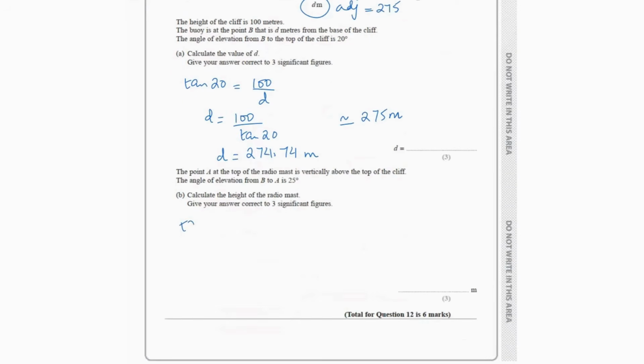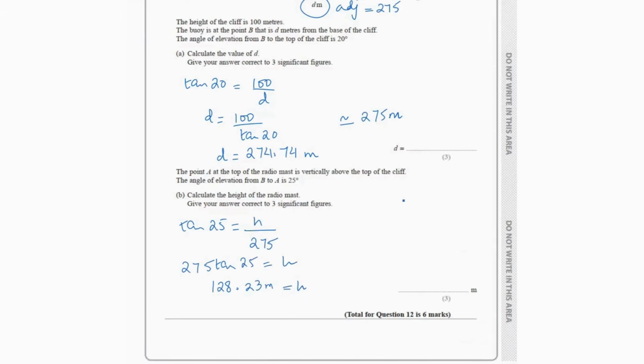So tan 25 equals height over 275. Now we cross multiply because we're trying to find the height. So 275 times tan 25, that's 128.23 meters.